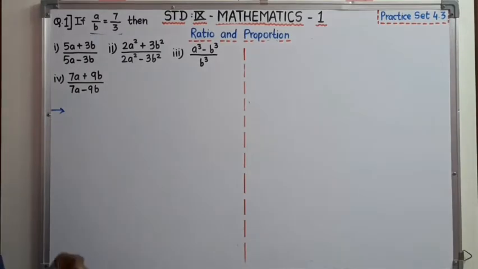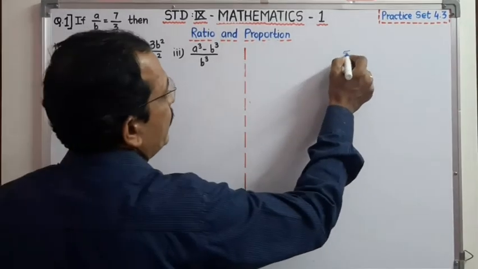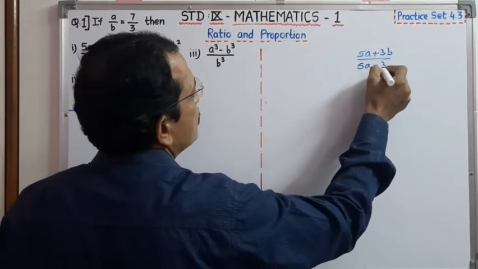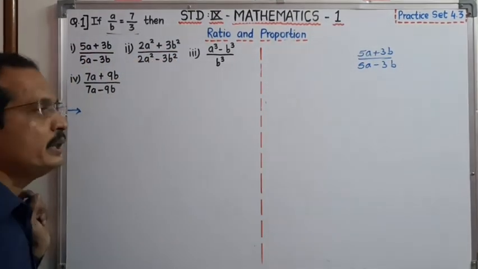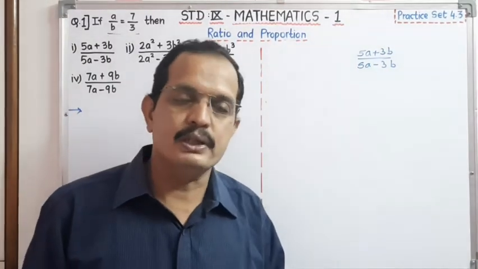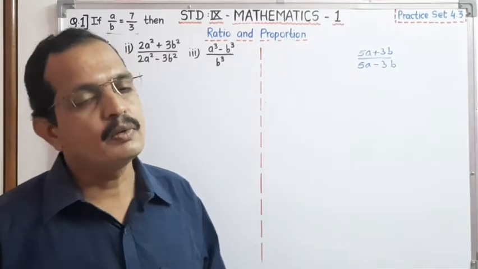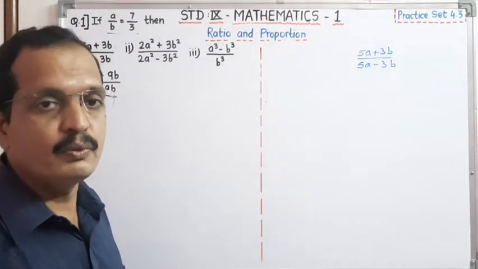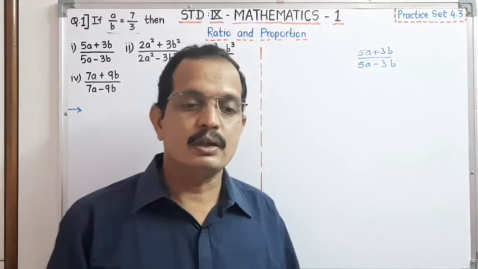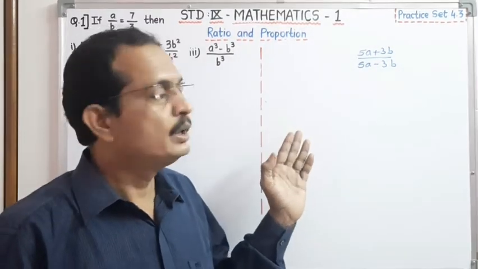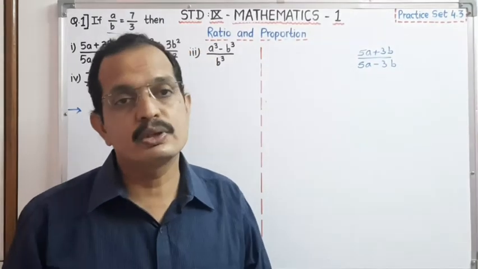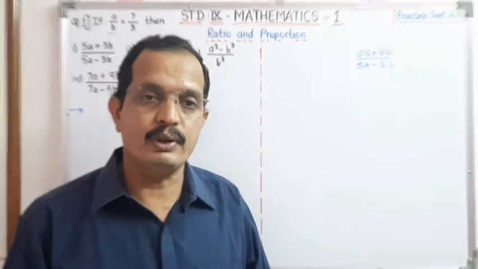Now see there, 5a plus 3b and 5a minus 3b. Dear student, the properties or operations are: the first one is invertendo, second one was alternendo, third one is componendo, then fourth one is dividendo, and the last one was componendo-dividendo.